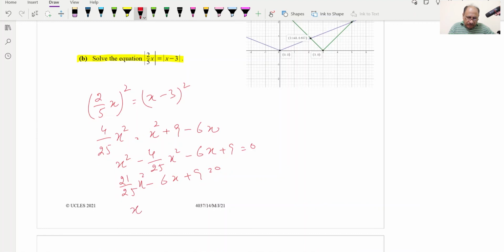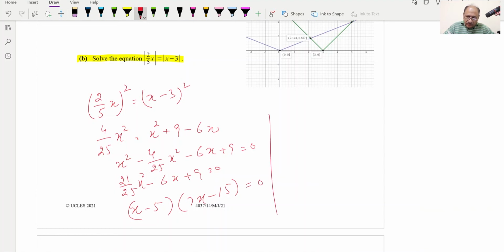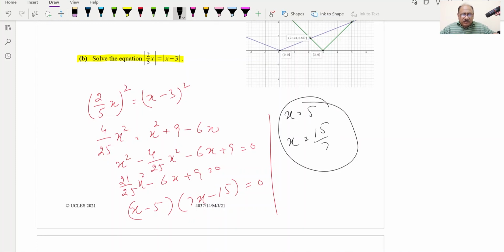So we can write (x minus 5) and (7x minus 15). So these are the two values which we have calculated, and this will be equal to 0, and this implies we can write x is equal to 5 and x is equal to 15 over 7. These will be the two answers which we have found.